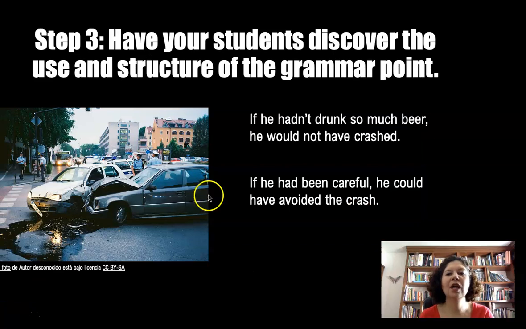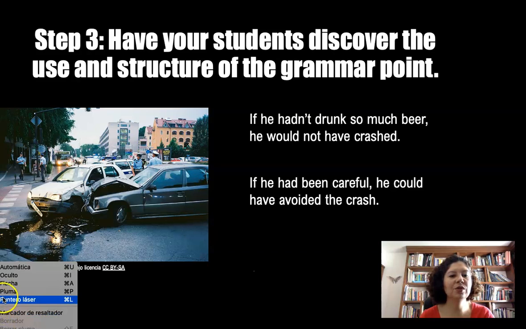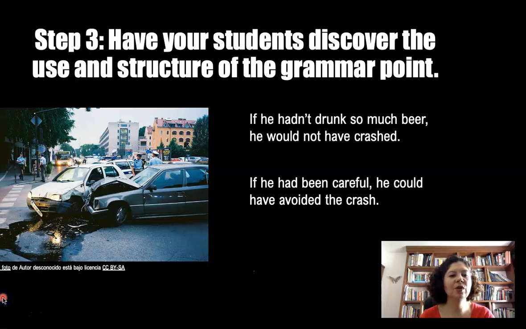Present, past, past participle. Okay. What is the auxiliary that we are using here? And what other auxiliary do you see in the second part? Is this the part of the condition? Is this the result? So you have them think.